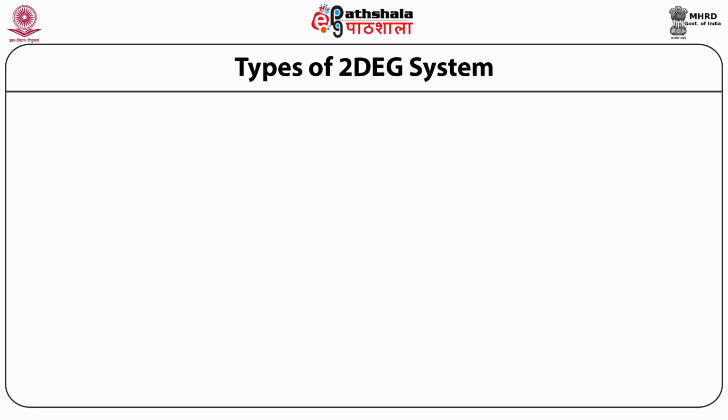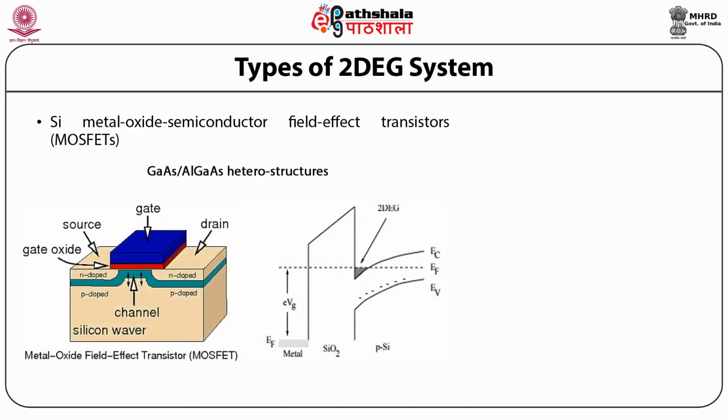First is silicon metal oxide semiconductor field effect transistor, that is MOSFETs, and second is gallium arsenide, aluminium gallium arsenide heterostructures, where two-dimensional electron gas has been studied extensively.